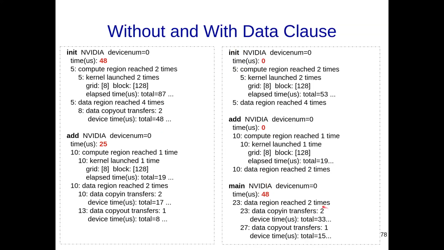So there is copying in happening twice, one for A and another for B, and copy out happening once, for the C variable. The total time turns out to be around 48 microseconds, so 0 plus 0 plus 48 is still better than 48 plus 25. So we avoid some data transfer in this case.